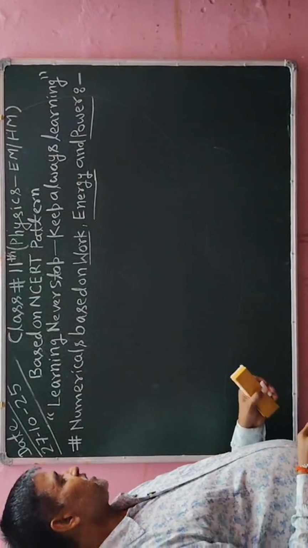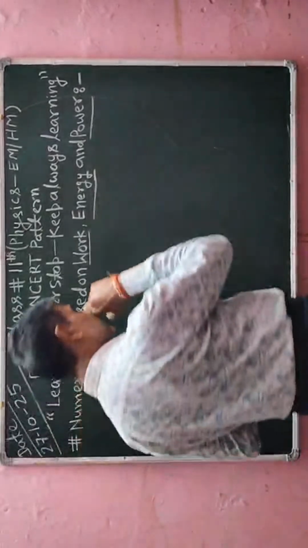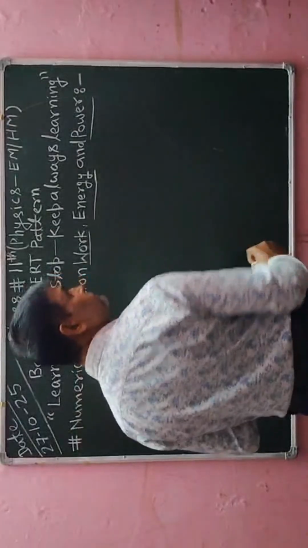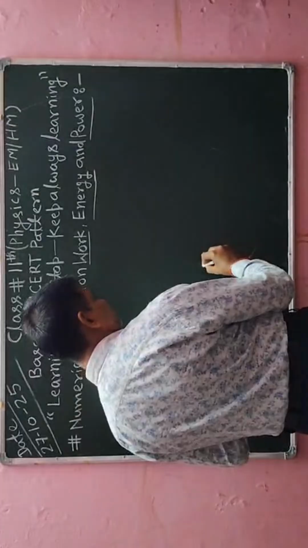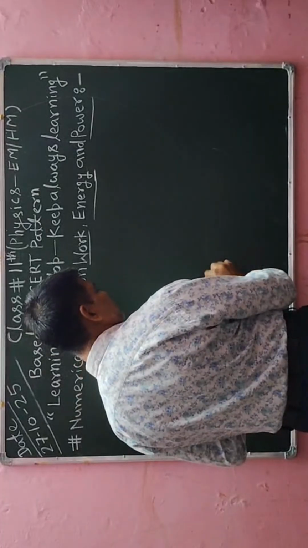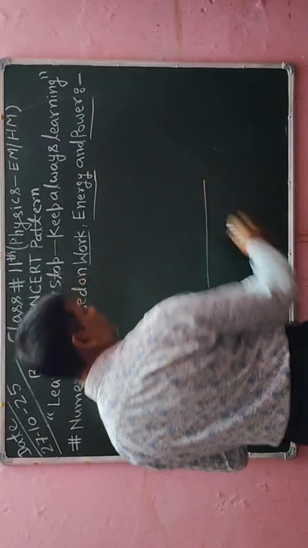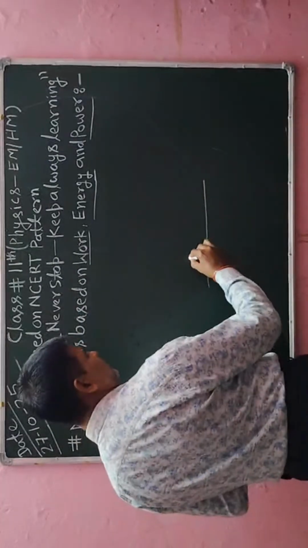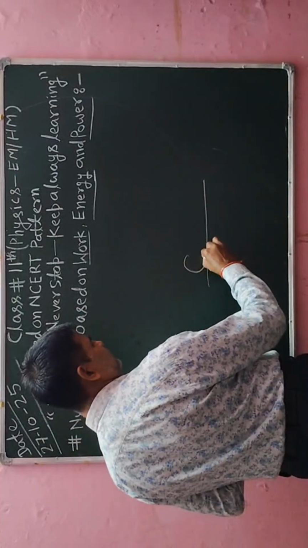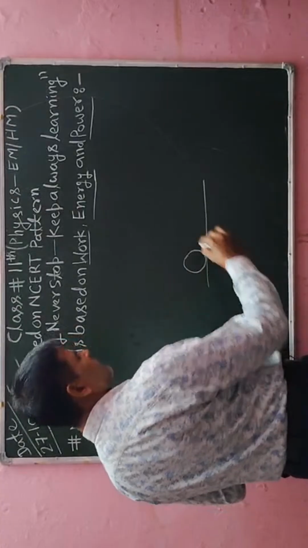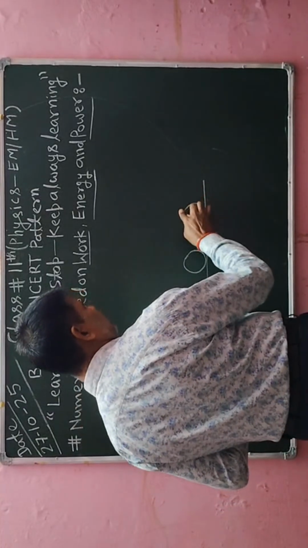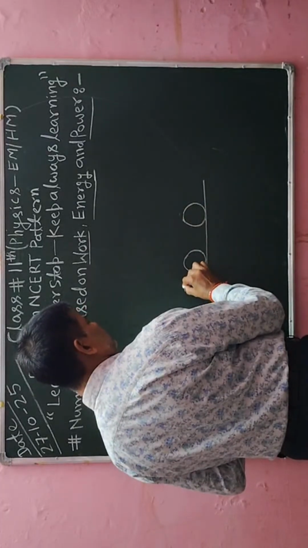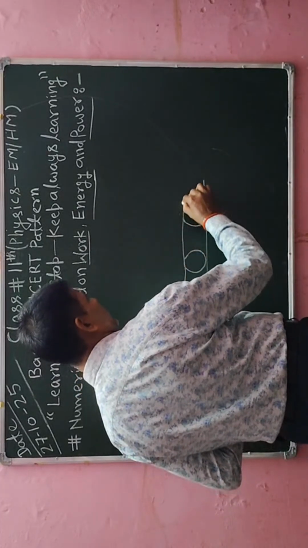Now here there is a car which is moving. Suppose this is a straight line, and on this straight line there is a car. Here I am making its diagram. Now I will draw it like this.